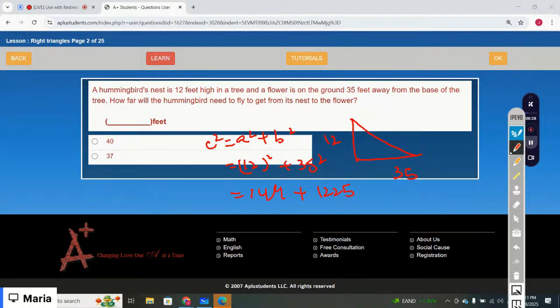So 1225 plus 144, that is 1369. So I think the square root of 1369 is 37. Yes, that is 37. So that means the hummingbird needs to fly 37 feet. The correct option is 37. Got it?